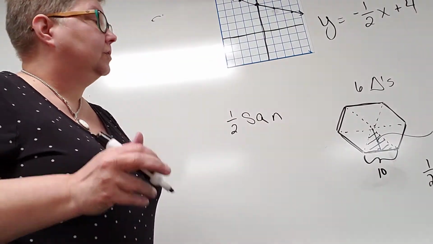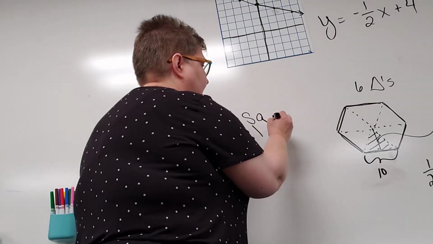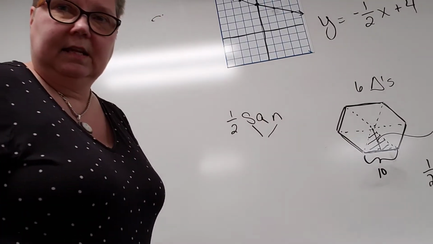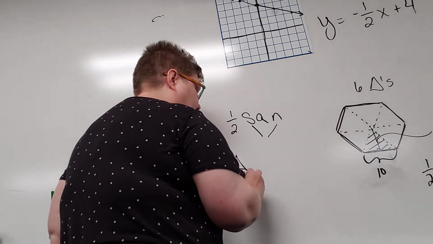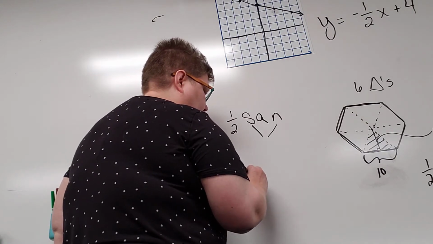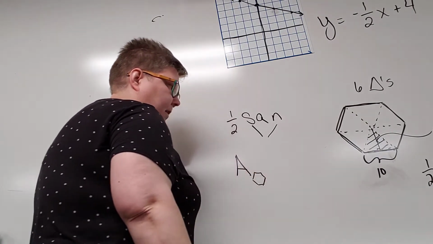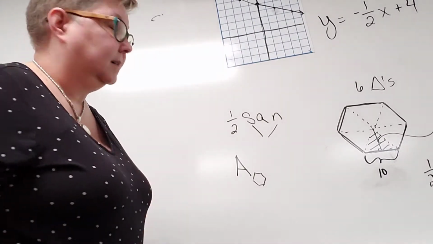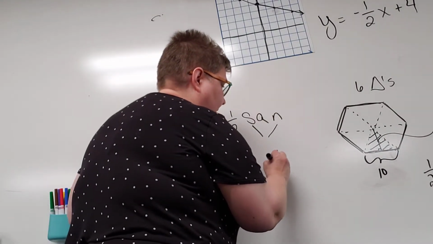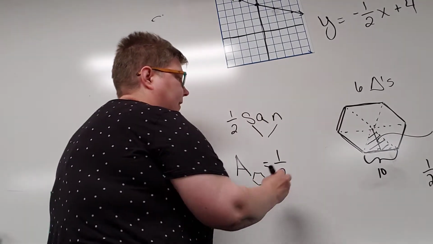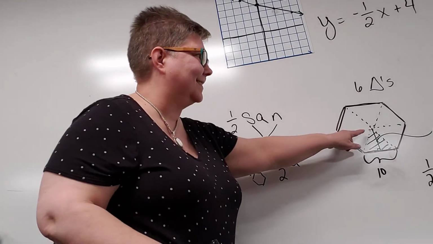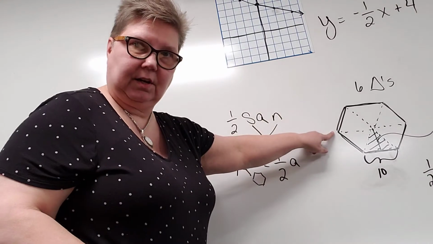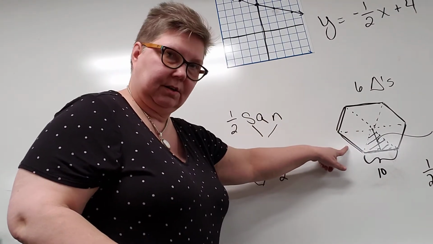Side length times the number of sides is just the perimeter. So the area of any polygon is going to be 1/2 the apothem times the perimeter. Now remember, the apothem is not the thing that comes to a vertex. It goes to the center.